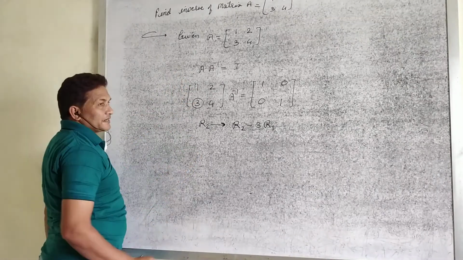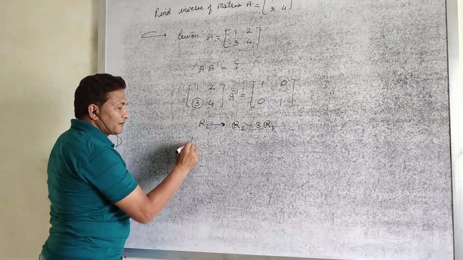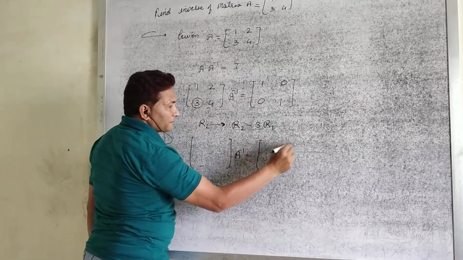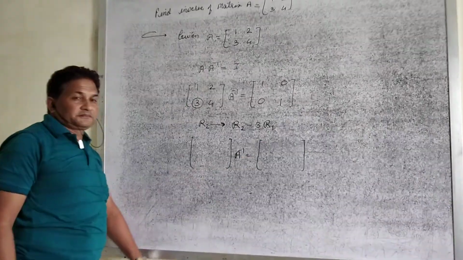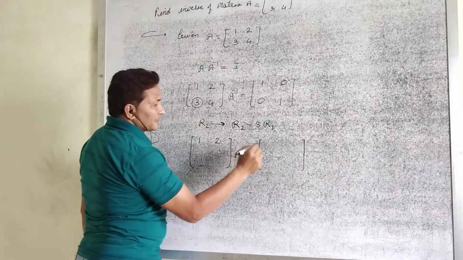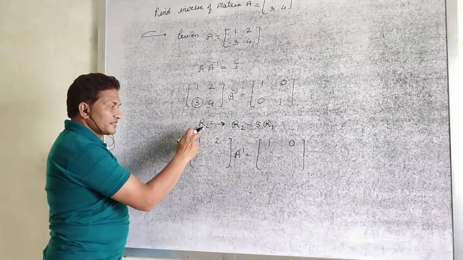So this is the operation used for converting element 3 into 0. So therefore we get. Now remember this is A inverse side. Now we are changing second row, so first row is as it is, remains the same. We are only changing second row.